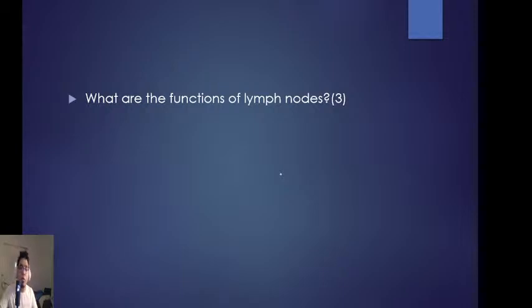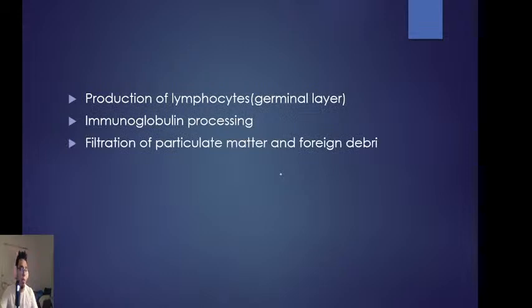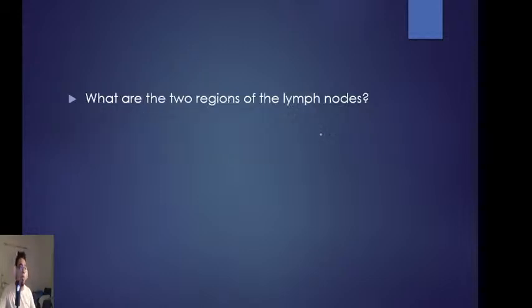The function of the lymph nodes, basically the germinal layer, is responsible for the production of lymphocytes, immunoglobulin processing, and the filtration of particulate matter and foreign debris. Obviously, we know that already, but we need to go further and delve deeper.